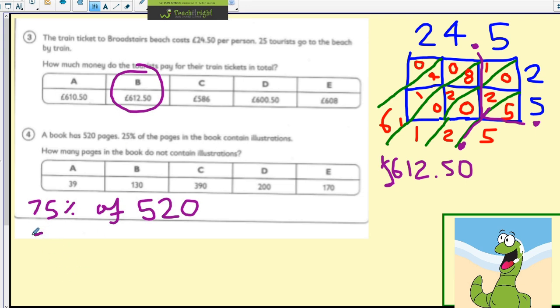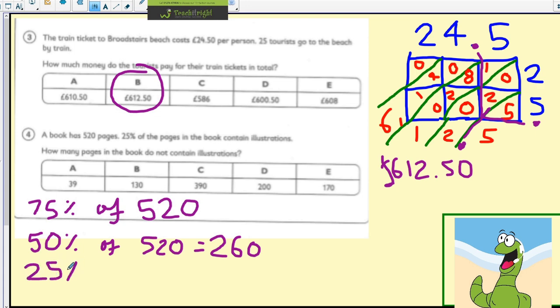I think the way I'm going to do it is I'm going to actually work out what 50% is. And the way I would do that is I would halve my number, so 50% of 520 is going to be half of 520, so that's going to be 260. I'm going to work out 25% of 520 by halving it again, because to find a quarter of something, we halve it and halve it again.